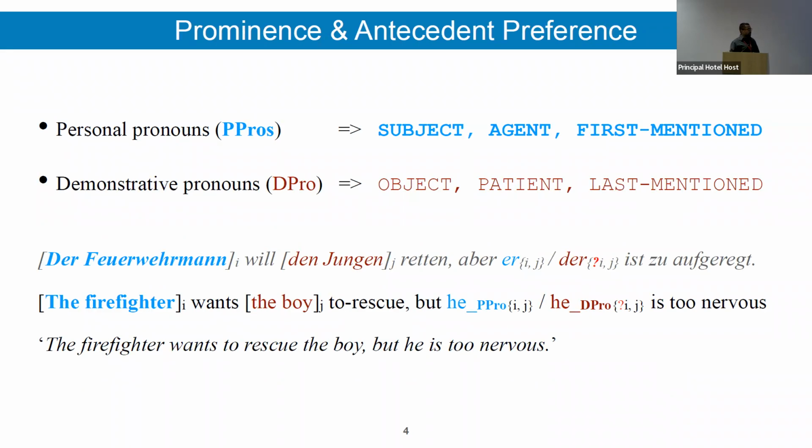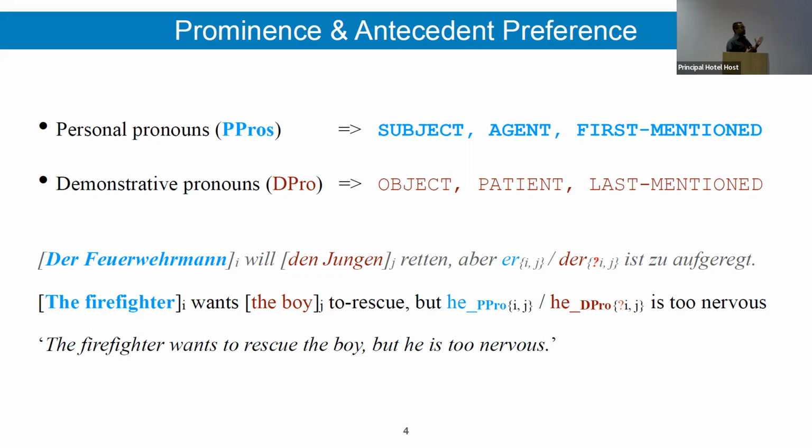Now consider the sentence I just mentioned. The personal pronoun, as I said, prefers the subject. In terms of prominence, the firefighter is the subject, it's also the agent of the verb that captures the action, and it's also first mention.